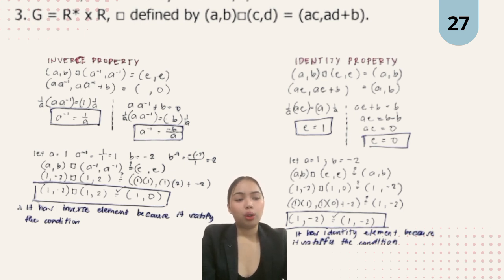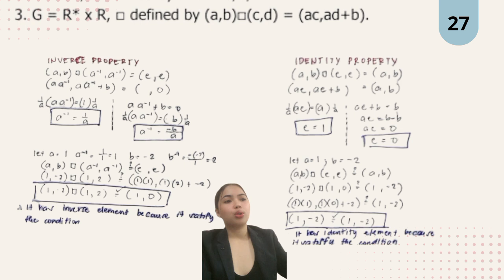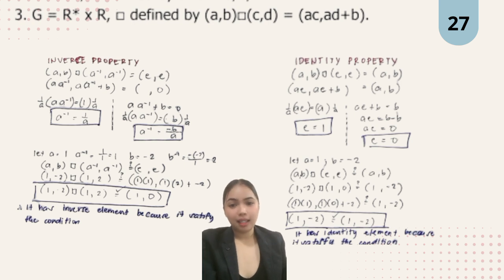So 1 is equal to 1 and negative 2 is equal to negative 2. So it is an identity property because it satisfies the condition. So therefore we can conclude that this number 3 is a group because it satisfies the definition of a group.